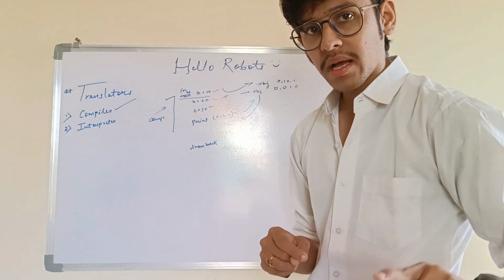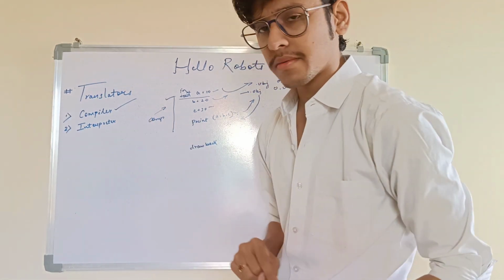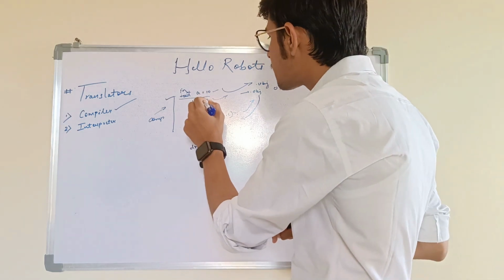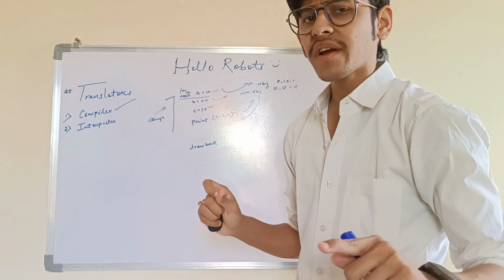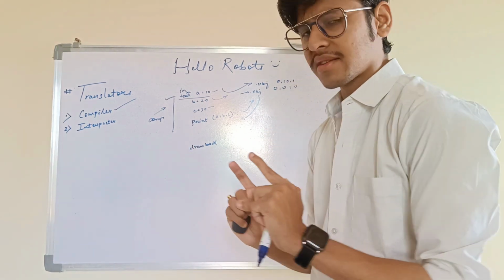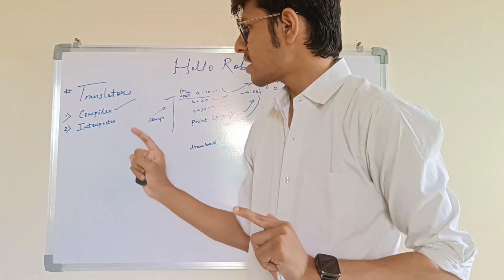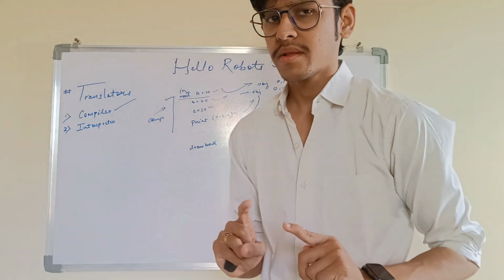But the drawback is that it is very slow compared to the compiler, because it checks each and every line and converts it to a .obj file. Then it is difficult to take the whole code and sort things out. So these are the advantages and disadvantages of the compiler and interpreter.